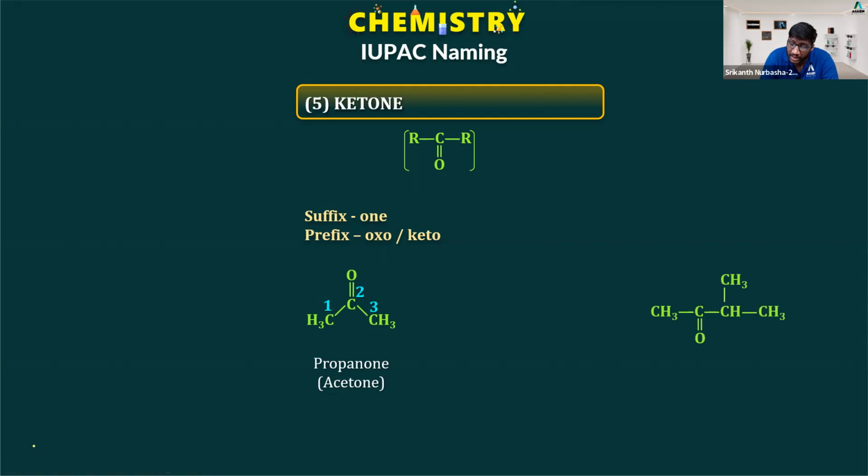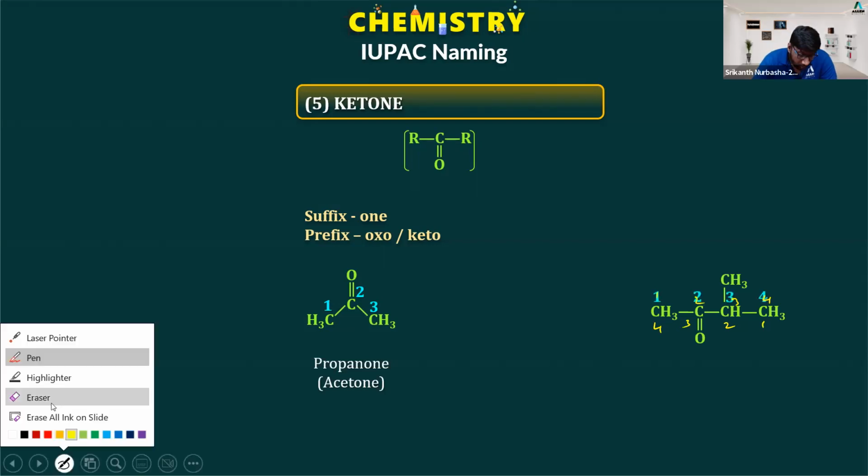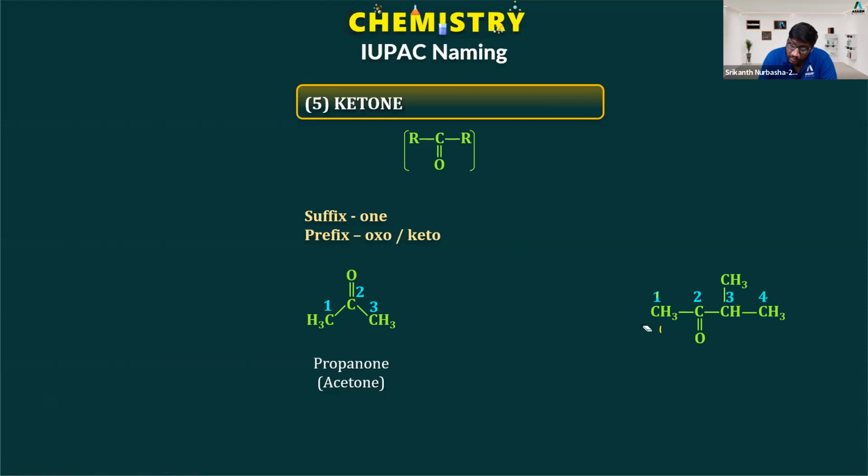CH3, C double bond O, CH, CH3, CH3. What is the name of this? I can use numbering in this fashion 1, 2, 3, 4, or I can use numbering in this fashion 1, 2, 3, 4. Which is the correct numbering? Lowest number should be given to the functional group. So obviously 1, 2, 3, 4. That will be the correct set of numbers. And on the third position you have methyl.